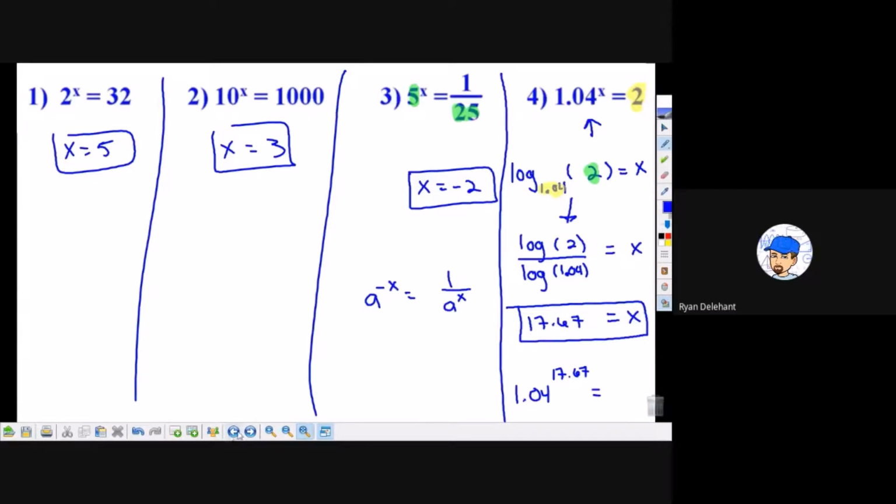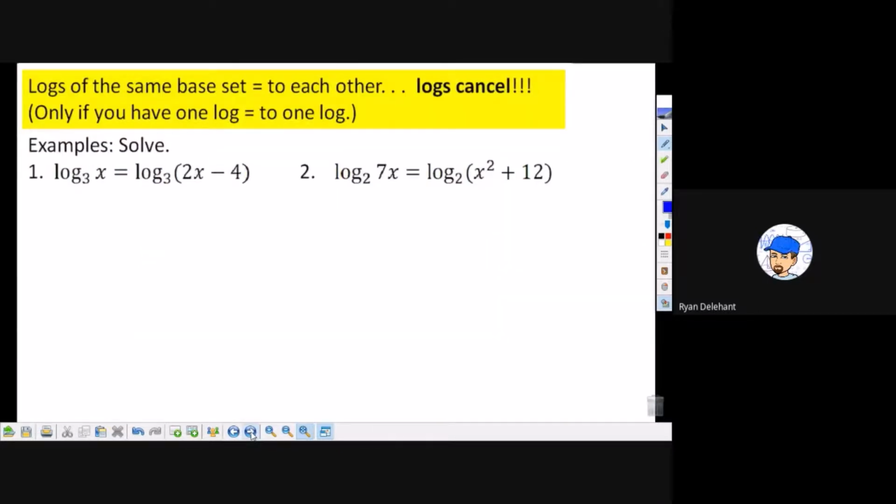So let's talk about a log equation that has log on both sides. So this is new for us. If you ever come across a log equation that has one log written on either side, and notice that it's the same base, meaning there's a log 2 here and a log 2 here.